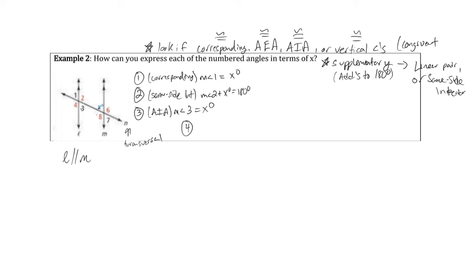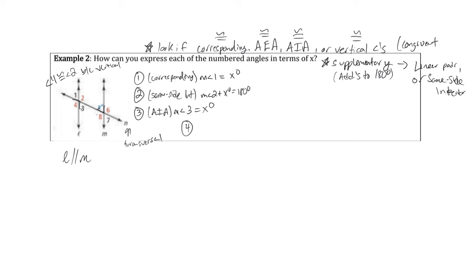Number 4. If we look at angle 4 compared to x, one's interior and one's exterior, and they're on opposite sides. If we look at their angle measures, one is going to be obtuse and one is going to be acute. X is acute, 4 is obtuse. We don't have an exact way to find this, but what we can do is substitute. For number 4, we know angle 4 is congruent to angle 2 because they're vertical angles.